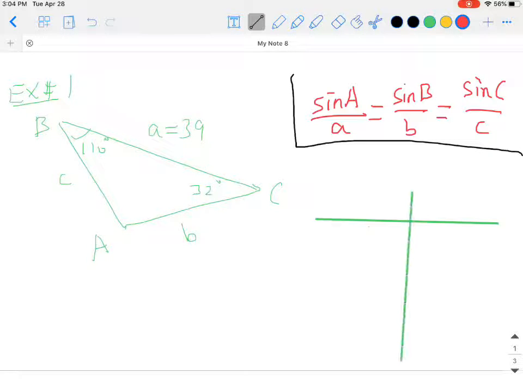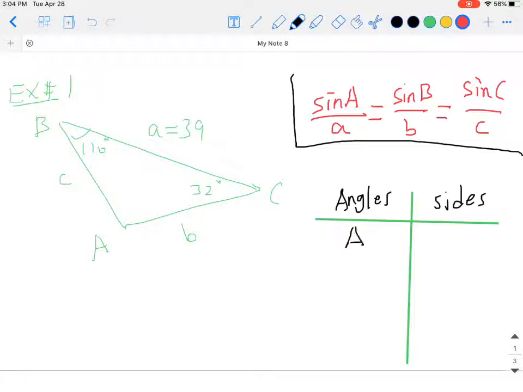First of all, as always, try to come up with a table and label them angle and side. We have angles capital A, B, C, and sides lowercase a, b, c.